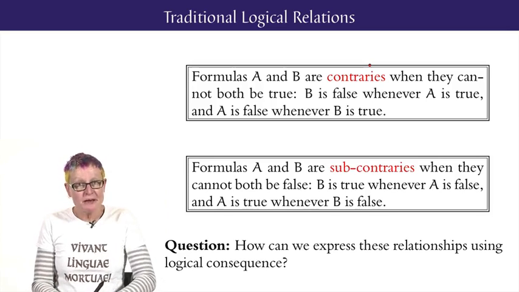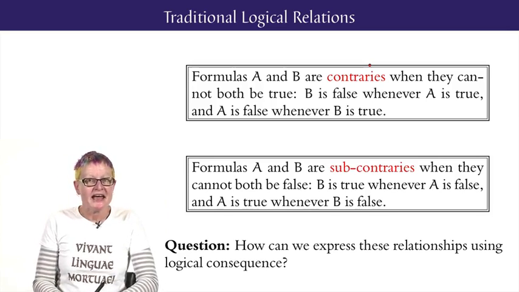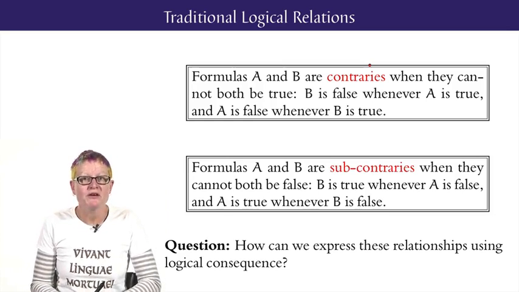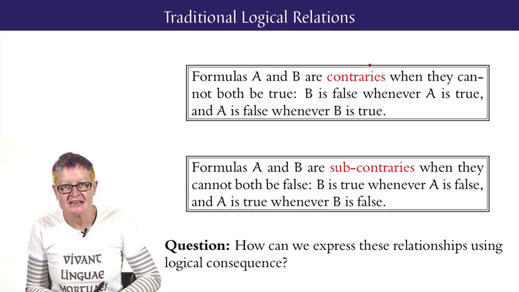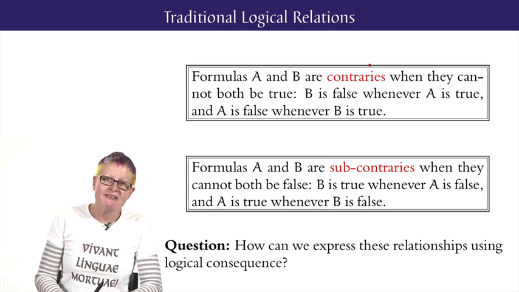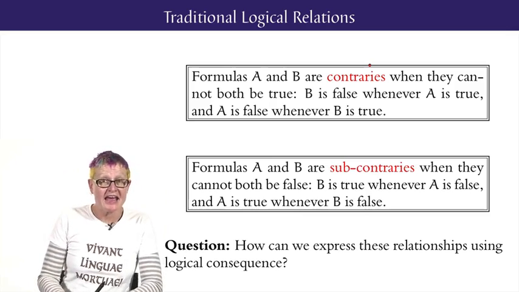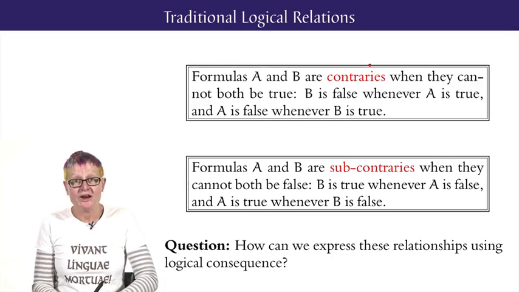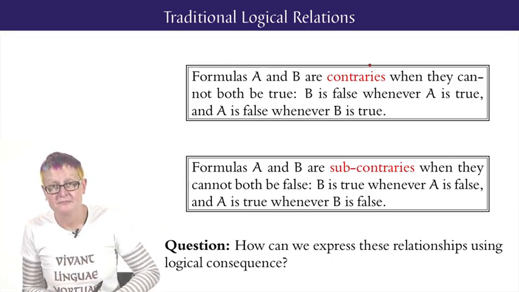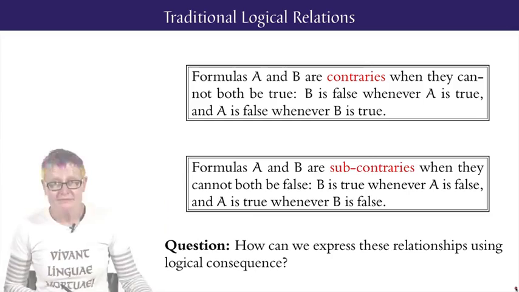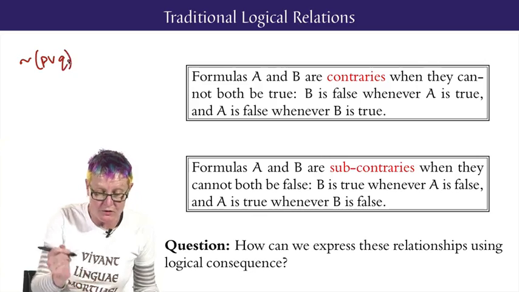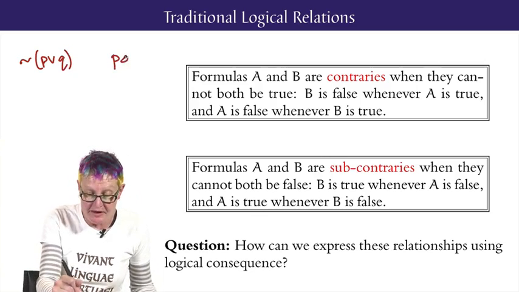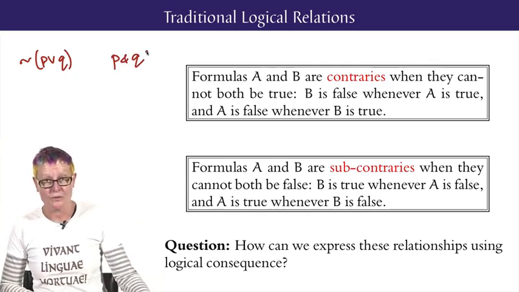The other notion of subcontrary replaces the cannot both be true with cannot both be false. So A and B are subcontraries if B is true whenever A is false and A is true whenever B is false. For example, the formulas not P or Q compared with P and Q.